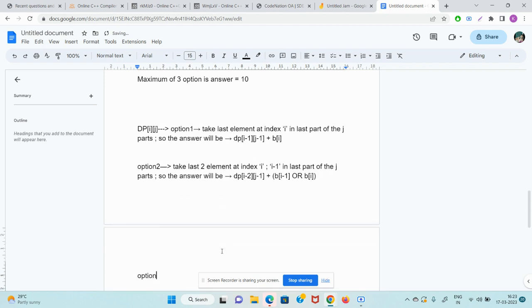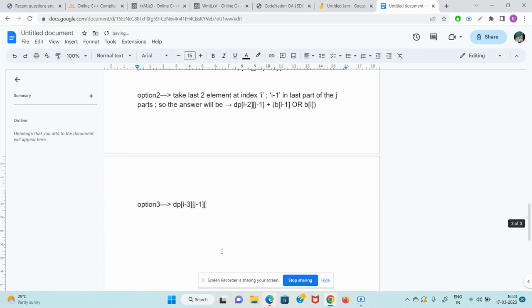Similarly, option 3. There are so many options. It will be dp of i minus 3, like taking the last three elements in the last part, j minus 1. J minus 1 remains the same because once you have divided the last part, then only j minus 1 parts you need to do for the leftover prefix part. Prefix means starting part of the array.